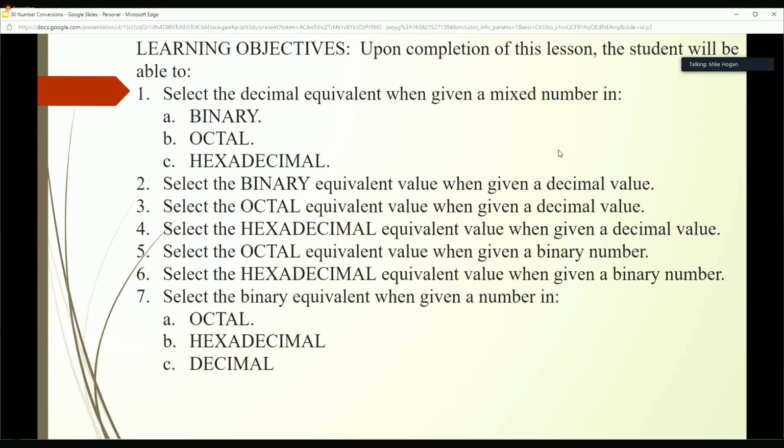And so we can take what we know with base 10 and really help us along with these other numbering systems. And so we're going to take a look at binary, octal, and hexadecimal. We're going to take a look at doing some conversions between binary, octal, and hexadecimal, and just working with those numbers.